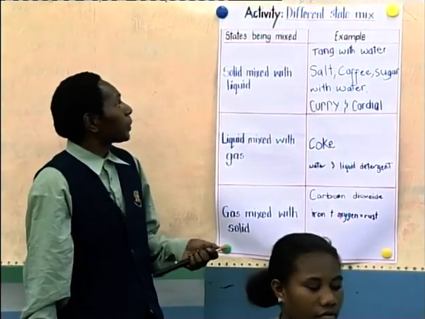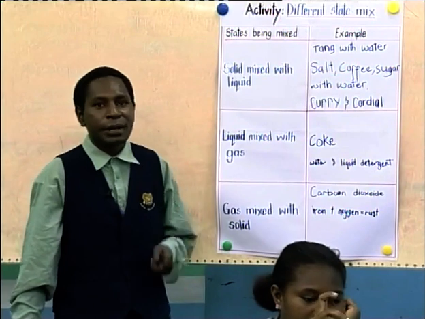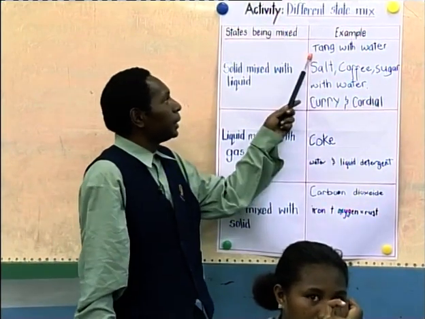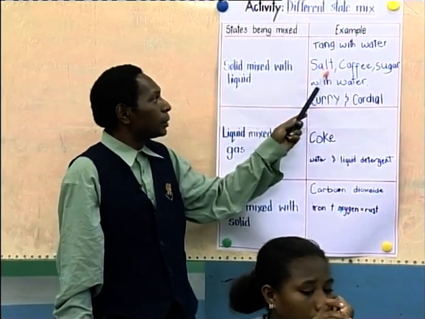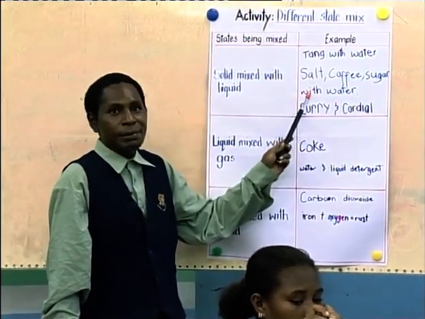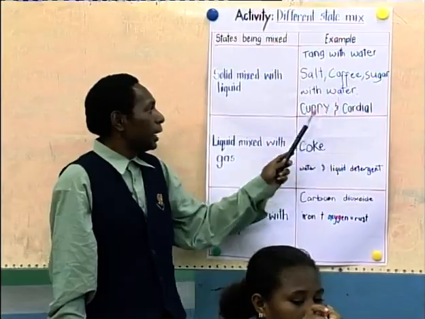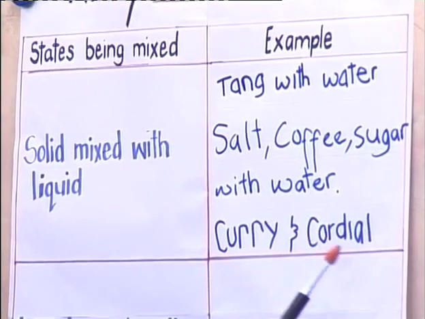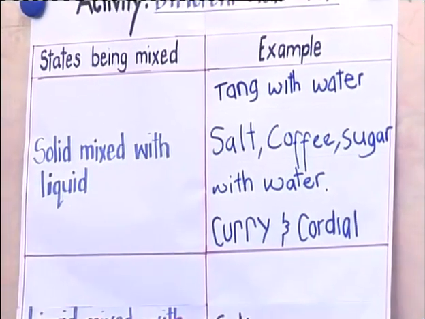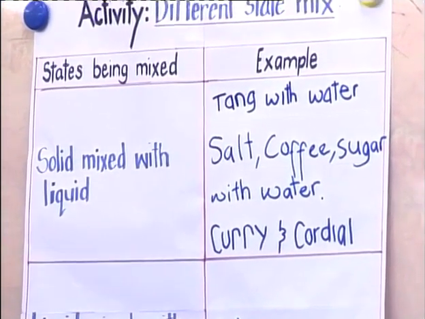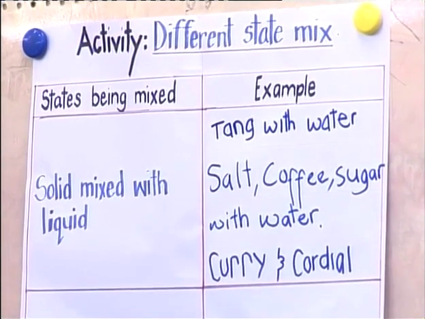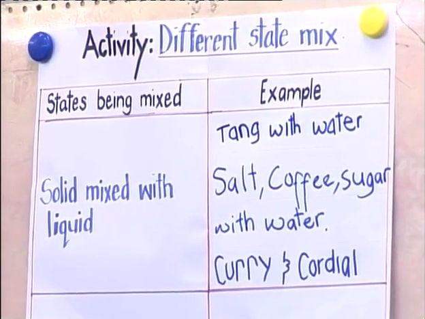Now, for solid mixed with liquid, this is what the model class have come up with. They've got Tang and water, salt, coffee, sugar that's mixed with water, and they've got curry and cordial. Those are some of the examples of solid mixed with liquid.